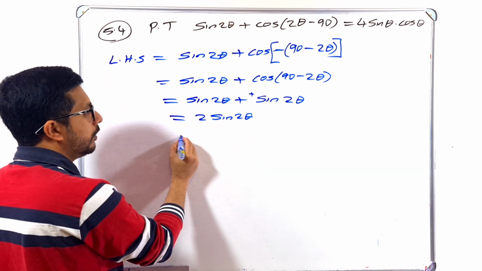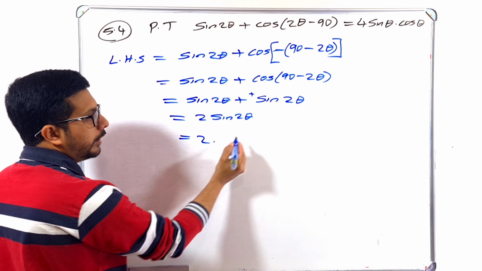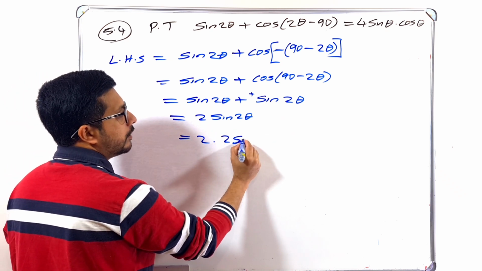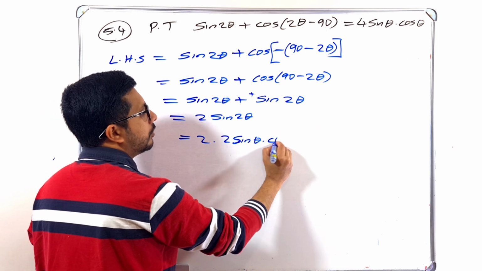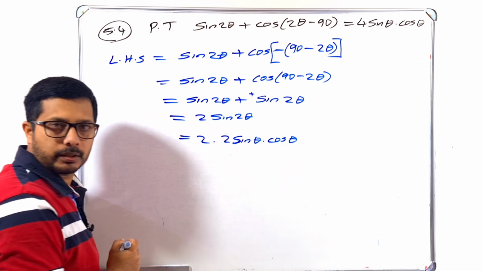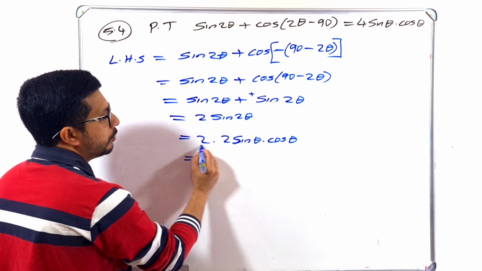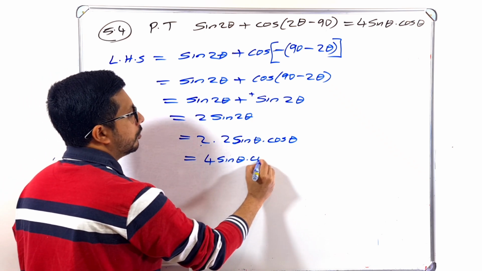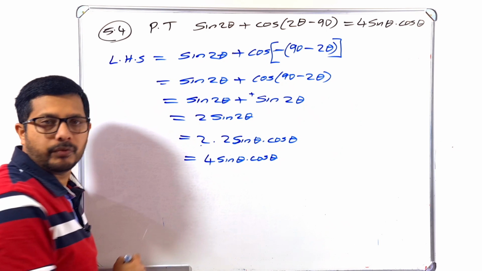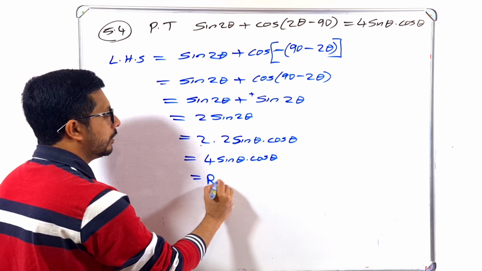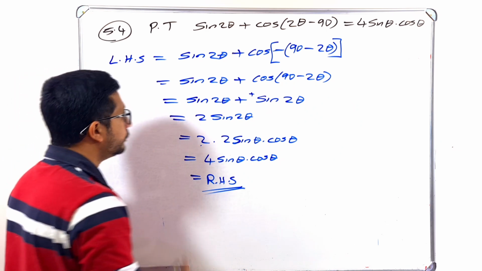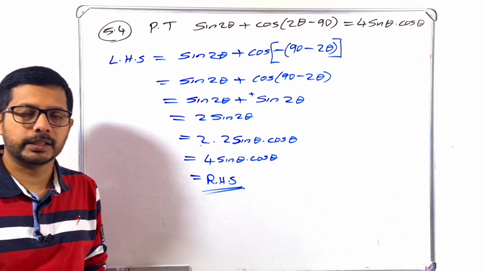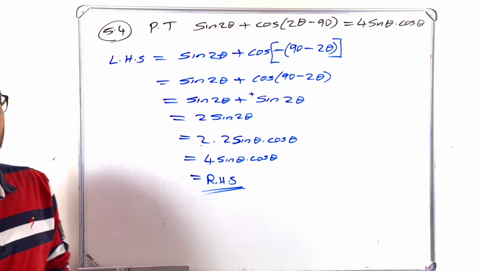What is the expansion of this one? 2 sin theta cos theta. Am I right? So now 2 times 2 is 4 sin theta cos theta, and that is what we want to prove. That is RHS. So we proved left hand side is equal to right hand side. Okay, that is question number 5.4.